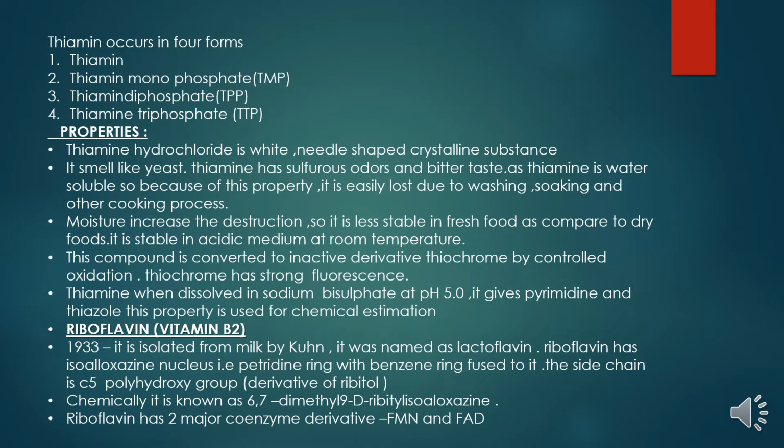Thiamine occurs in four forms. First, thiamine. Second is TMP, thiamine monophosphate. Then TPP, thiamine diphosphate, and thiamine triphosphate is TTP.